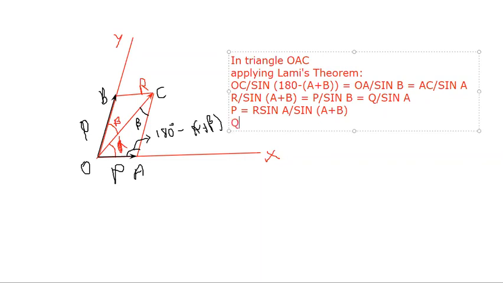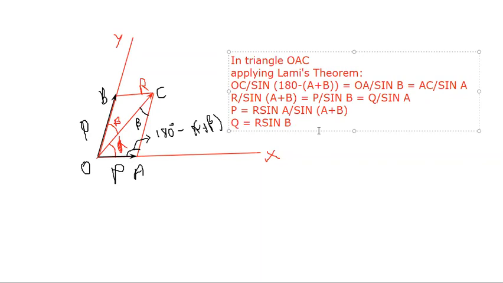And what will be Q? Q will be equal to R sine alpha, sine beta divided by sine alpha plus beta. So this is a more general derivation.